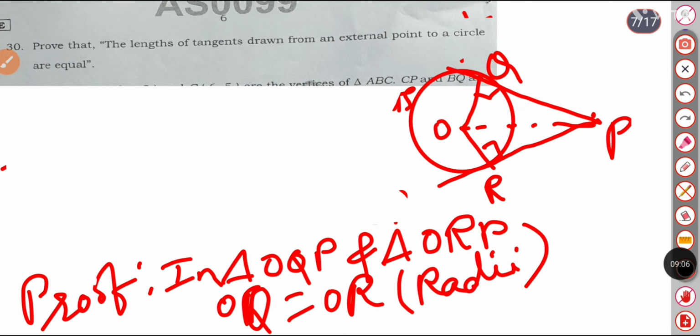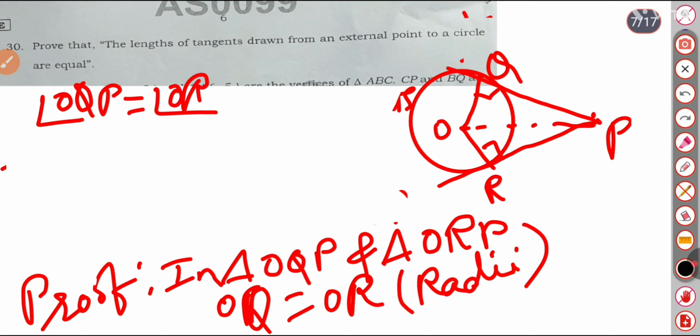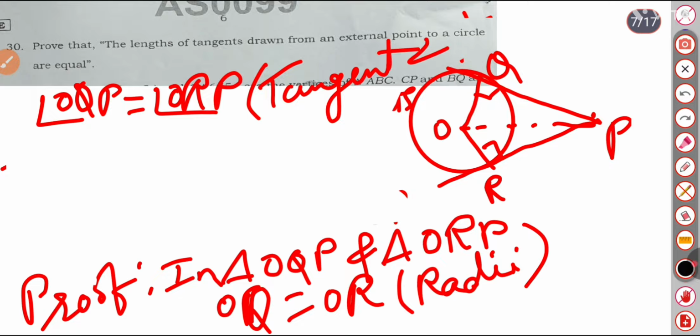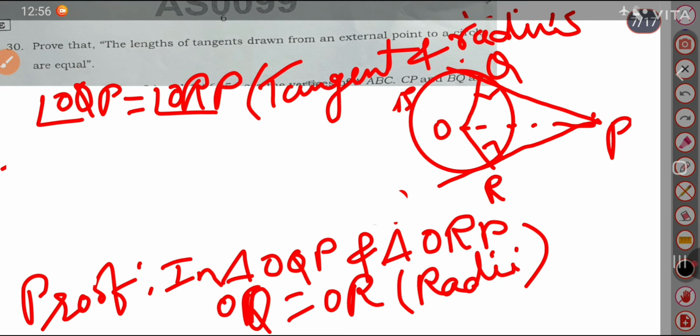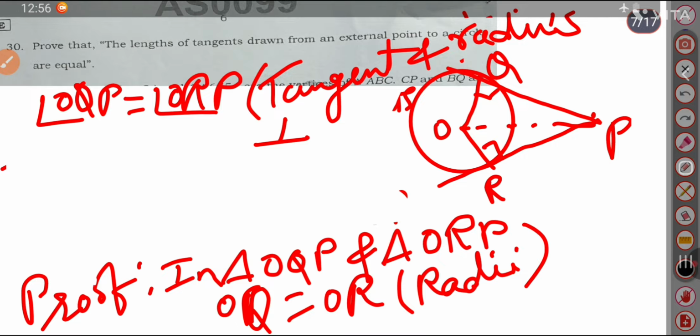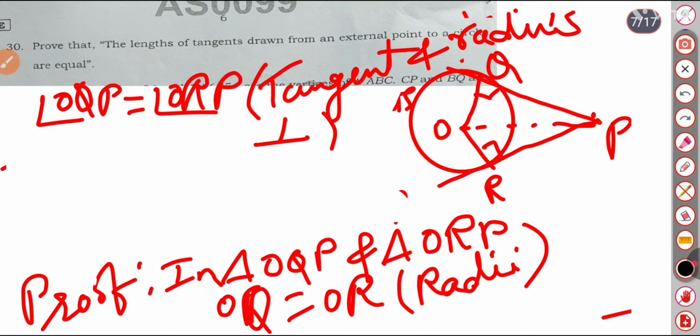One more, angle OQP will be equal to angle ORP. Why? Tangent and radius are perpendicular to each other. We got two elements.